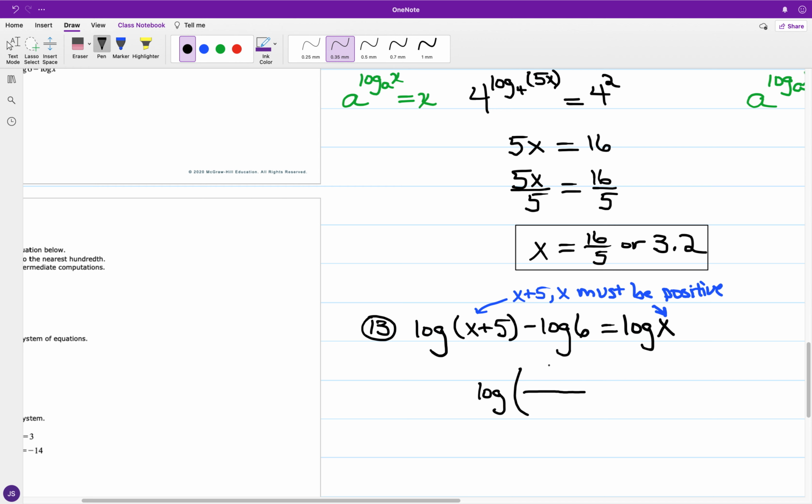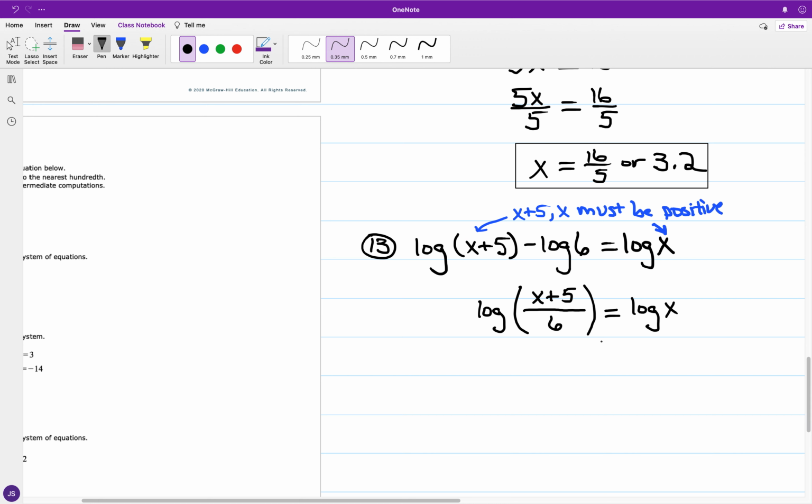With x plus 5 as part of a positive base 10 logarithm, we're going to have that in the numerator, and since 6 comes from a negative, this will be in the denominator. And so we have now the base 10 log of x plus 5 over 6 is equal to the base 10 logarithm of x.